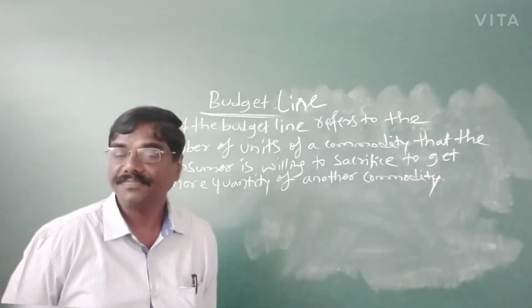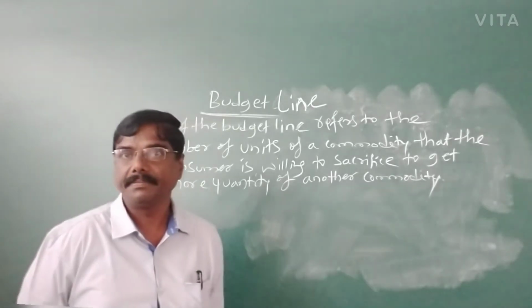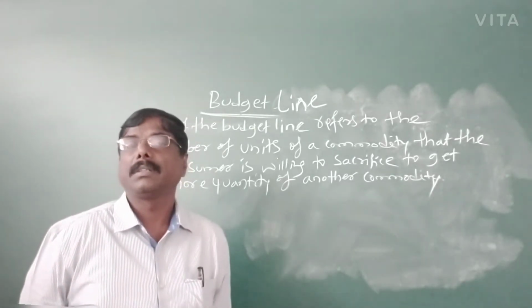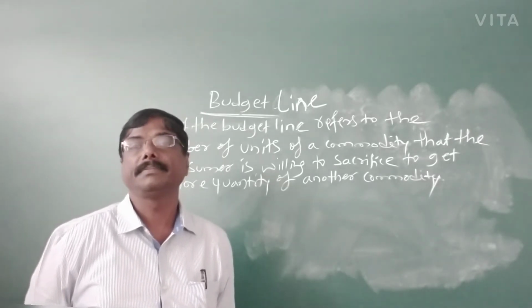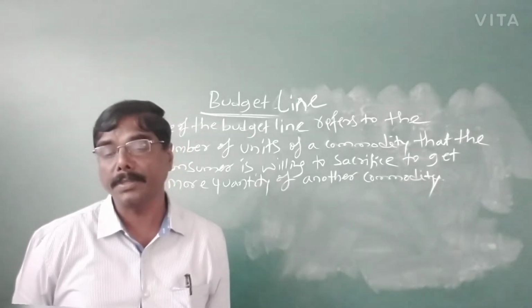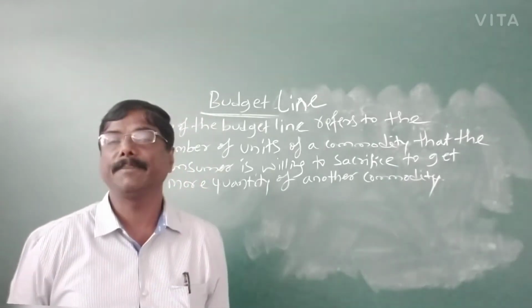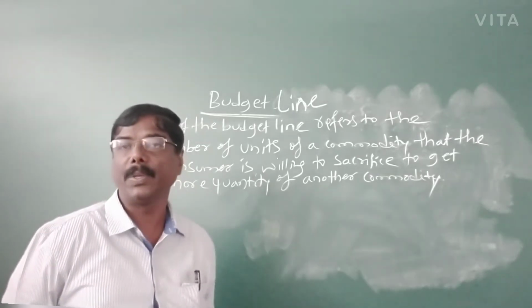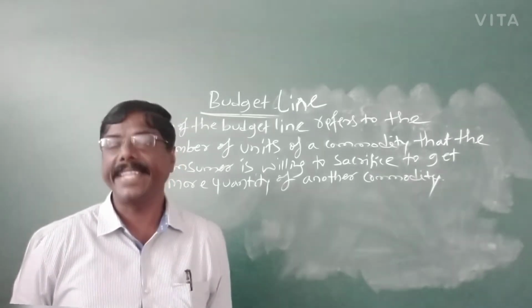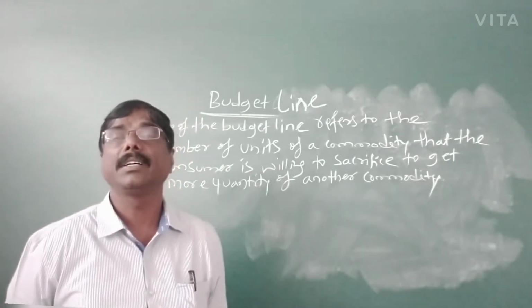So here, the slope of the budget line is the number of units of mangoes that the consumer is willing to sacrifice to get more quantity of banana.